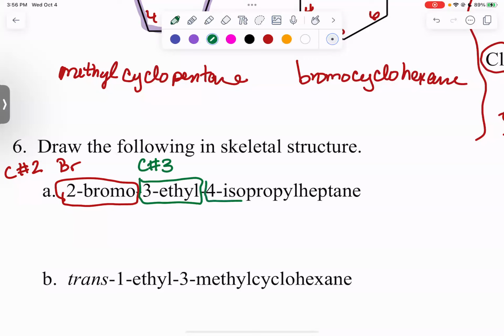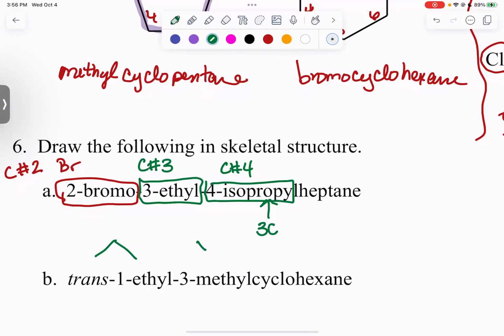Then 4 is isopropyl. So remember, isopropyl, on carbon number 4, is going to be a propyl, which is 3 carbons, but you got to remember that that last carbon goes on the first one. So if it's a propyl, it would be 1, 2, 3, that's a propyl group.